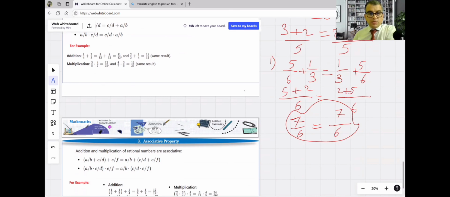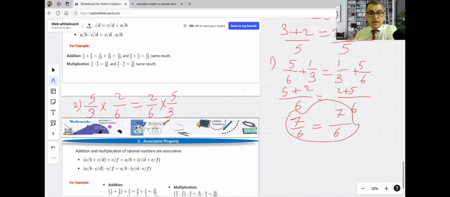The same thing we can do in case of multiplication. In this second example, if we have 5 by 3 times 2 by 6, it is equal to 2 by 6 times 5 by 3. Both sides, the result will be same.